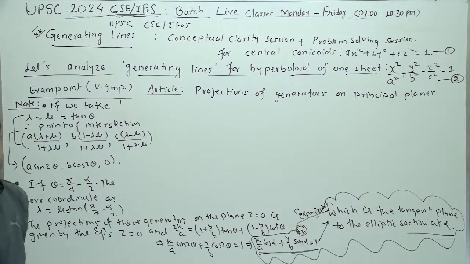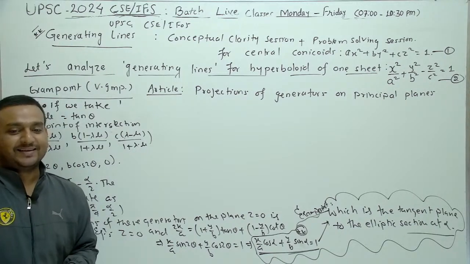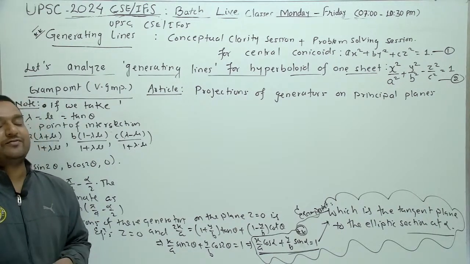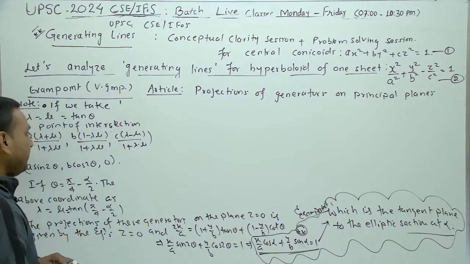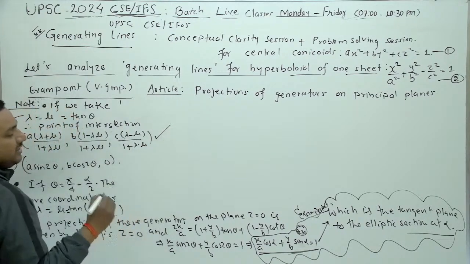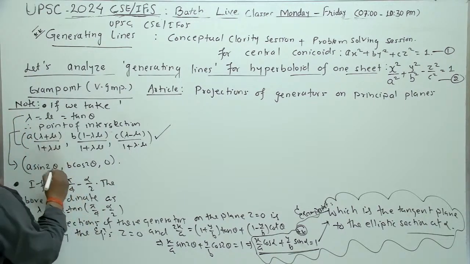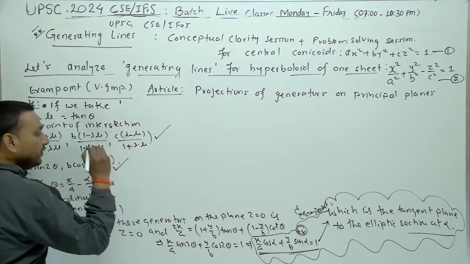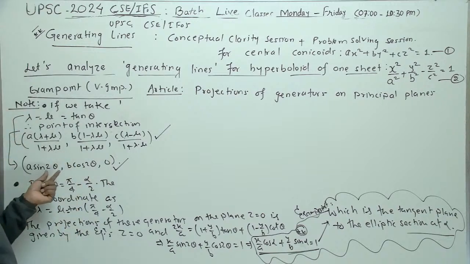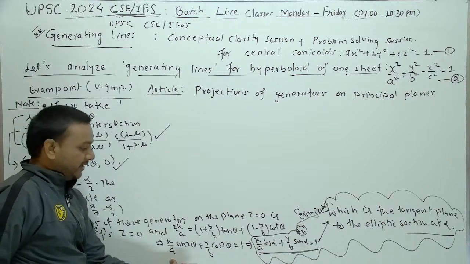I have said abstract so many times that you are also feeling that, but it is actually a different thing. What I am saying is that it is the point of intersection in the form of lambda and mu. This I converted in the form of theta. These are some points which may lie on some curve. Suppose I got the curve like this, right?